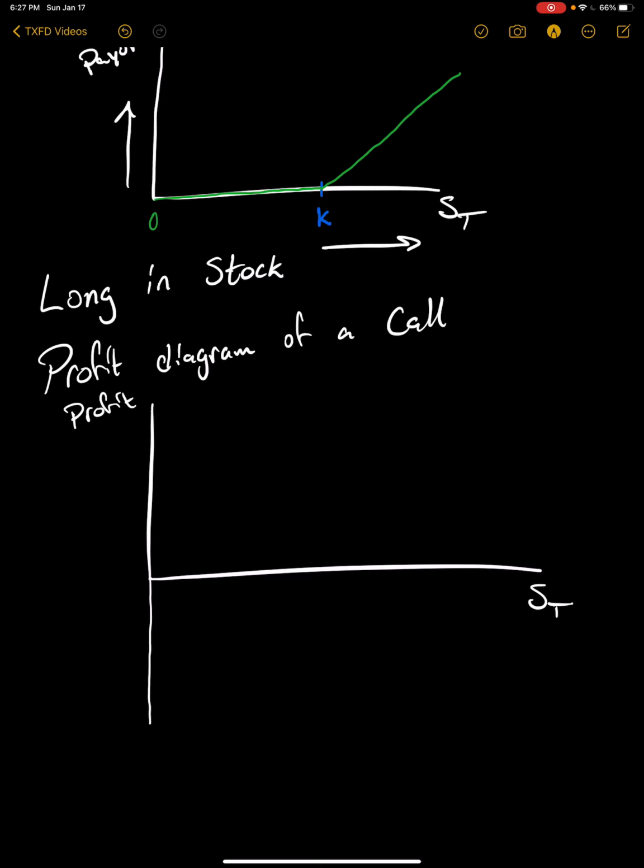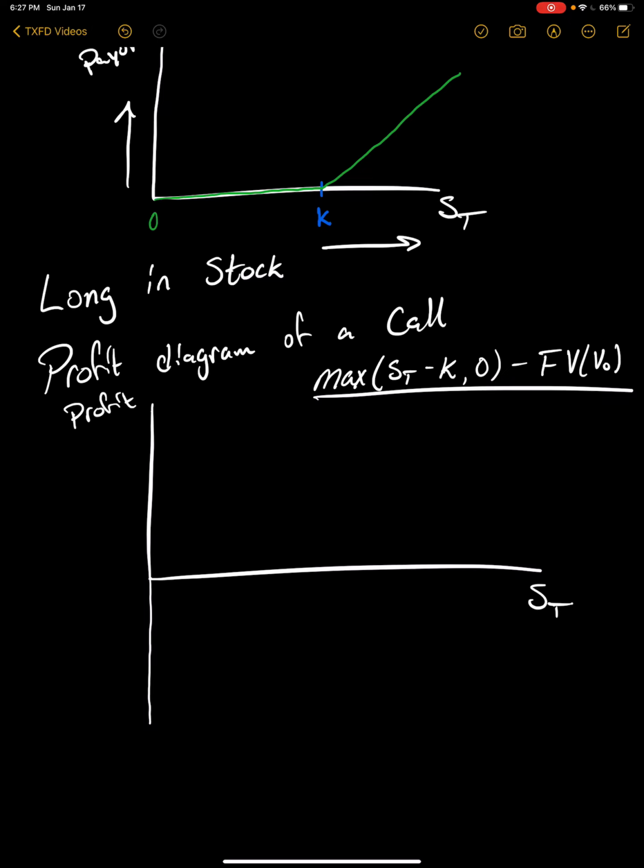So this is plotting the function that is the maximum of S sub t minus K and 0, and we're going to subtract from that some constant that's the future value of the initial cost. That's our economic profit, and that's the function that we're graphing here, the profit diagram of a call.